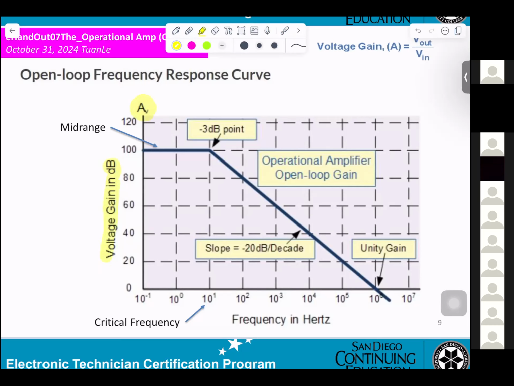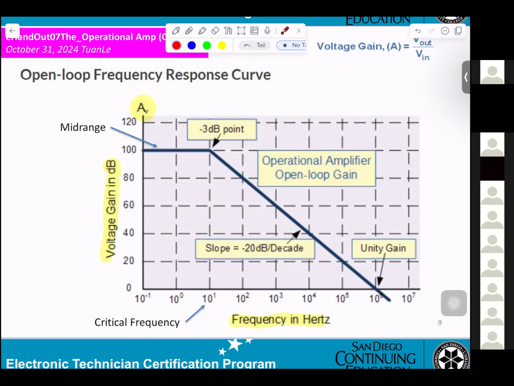Voltage gain in dB, and this will be the frequency domain. That is the frequency. Okay, like you get 10 to the power of 0, equal what? Equal 1. 10 to the power of 1 equals 10. 10 to the power of 2, 100, and so on.